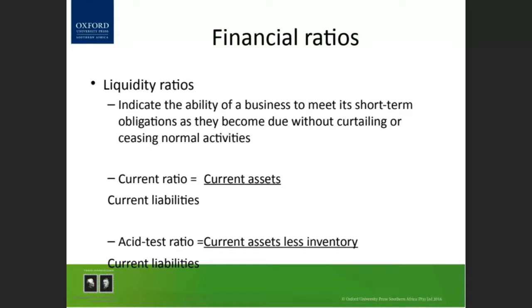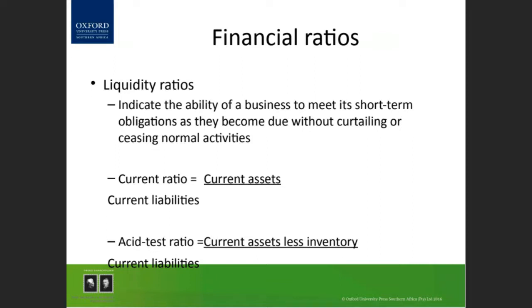Okay, the reasoning there is that it's not always easy to convert stock or inventory into cash. If you look at financial statements, in most cases, especially in your income statement, there is always opening stock and closing stock, which means stock is not always sold completely.